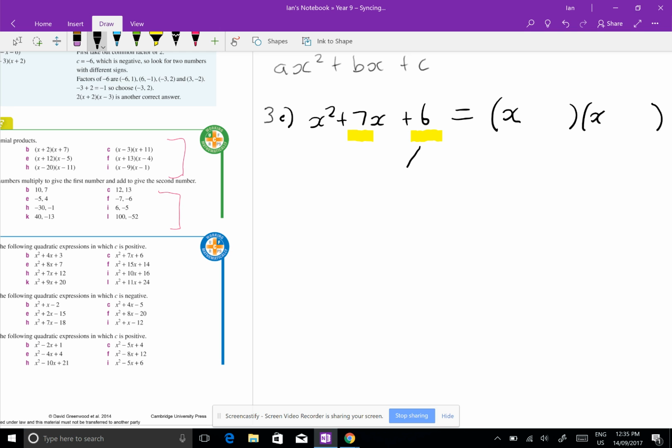Well, let's just look at the factors of 6. There's 1, 2, 3, and 6. Now, do any two of those numbers add up to 7? I'm pretty sure 1 and 6 do. So why don't I try x plus 1 and x plus 6. 1 and 6 add up to 7, and 1 times 6 equals 6. So what you're looking for is the sum and the product.